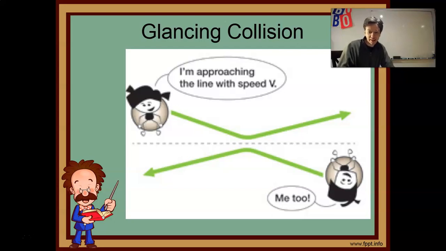But let's do something else. Let's say now that Bob is moving, or Alice is moving, one of them is moving very, very fast, close to the speed of light. So now what we're going to do is be an observer running next to Bob.